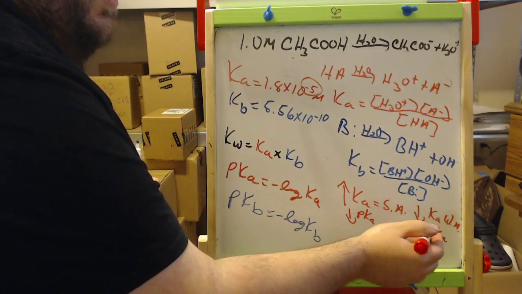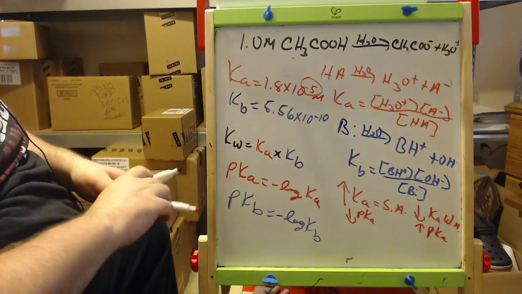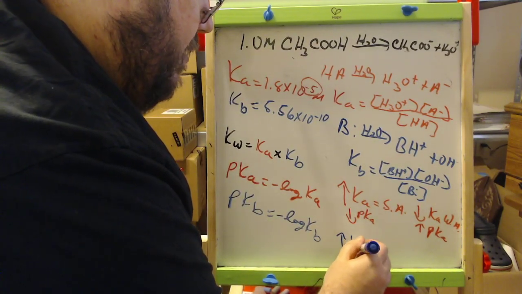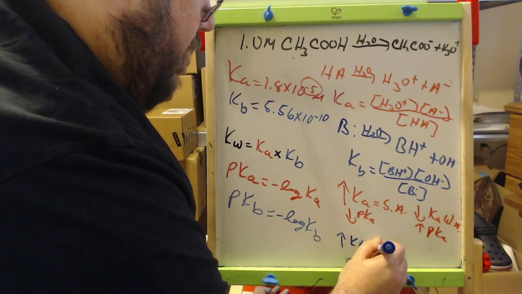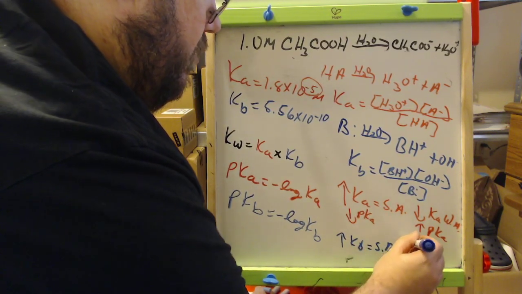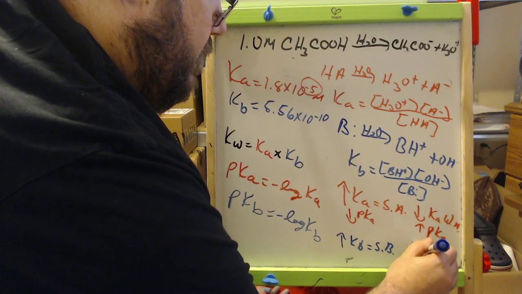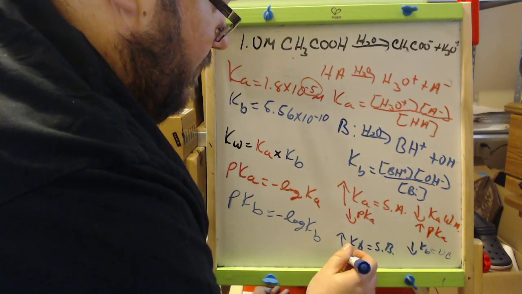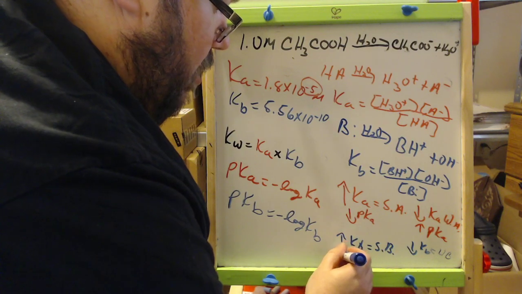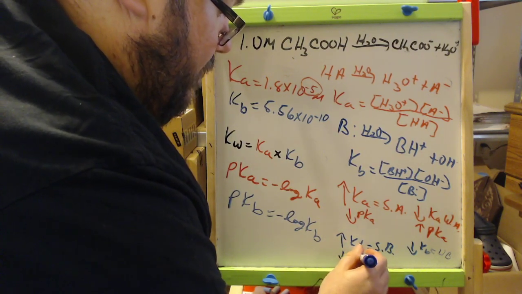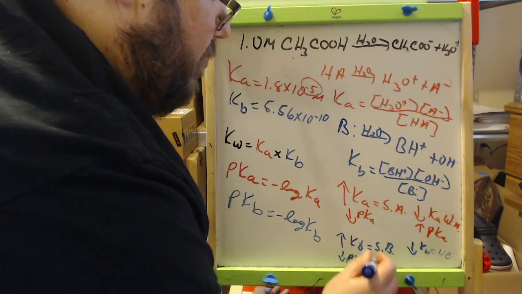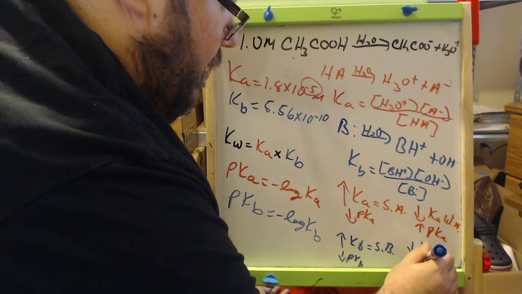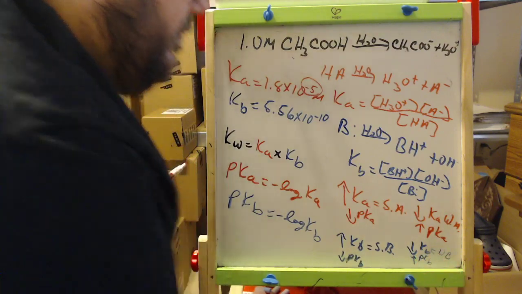Take the negative log of a small number, get a big number. And it's the same thing down here. High Kb, strong base. Low Kb, weak base, which means low pKb, I'm a strong base, and high pKb, I'm a weak base.